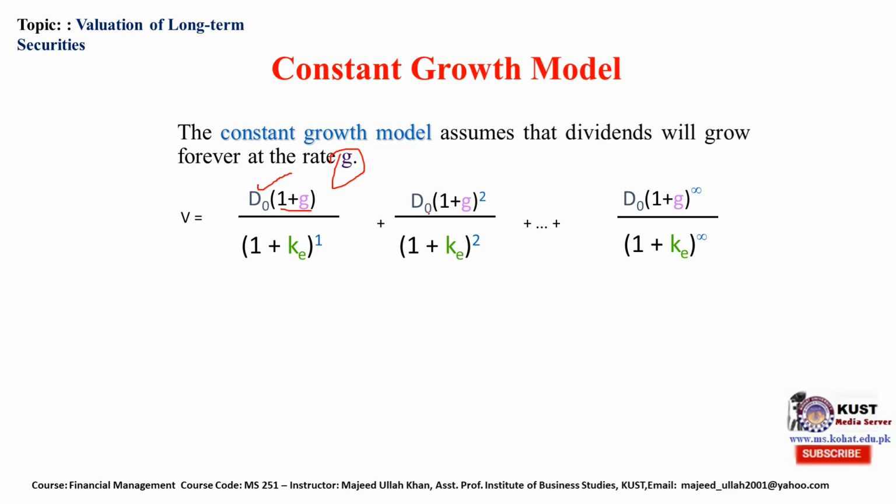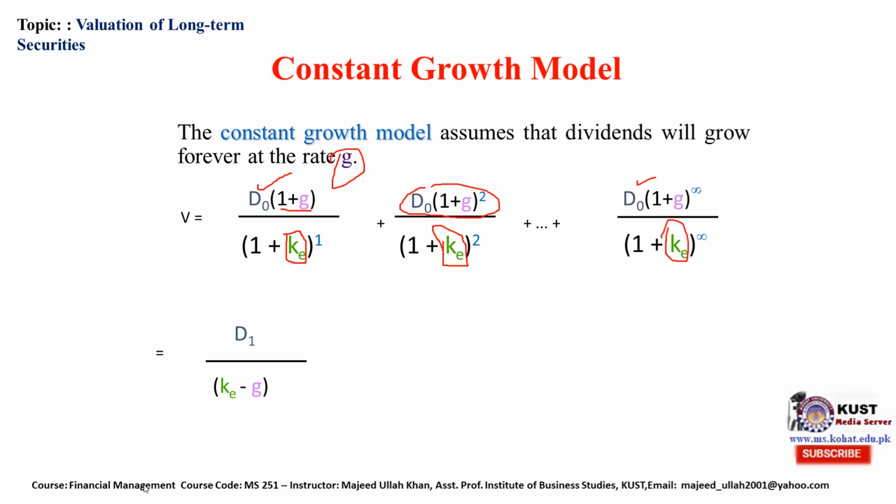The second year dividend will be D0 times (1 plus g) raised to the power 2. Similarly, D0 times (1 plus g) raised to the power infinity is the dividend at an infinite period. We will discount all these dividends, growing at growth rate g, at the equity required rate of return, the equity shareholder's required rate of return.